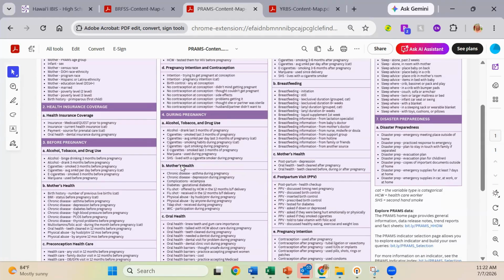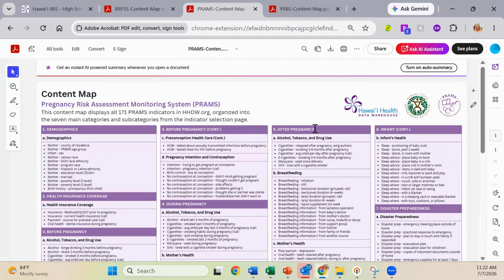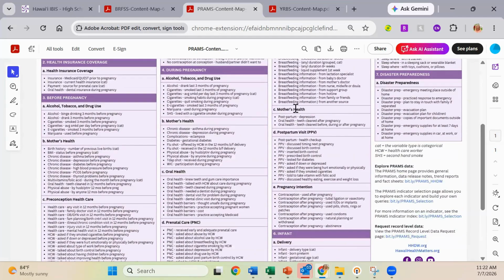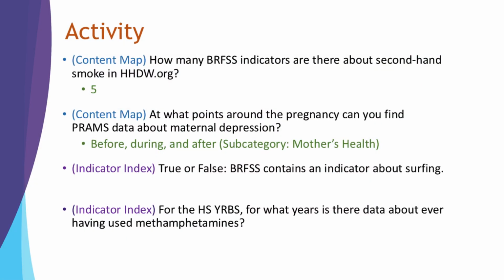During pregnancy, for mother's health, there is also an indicator about depression. And after pregnancy, for mother's health, again, there is another indicator around depression. The answer to this question is that you can get data on maternal depression before, during, and after the pregnancy.